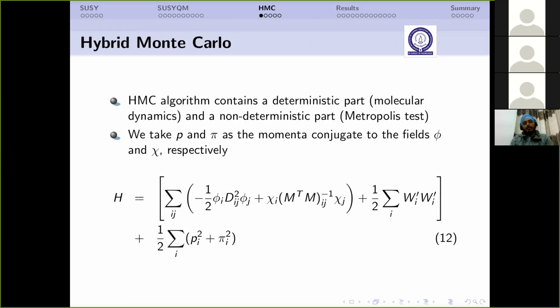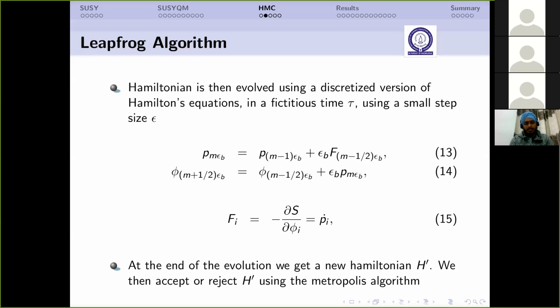For the evolution part, for conjugate phi and chi, we take the conjugate momenta p and pi, and our total Hamiltonian contains those momentum parts also. Then we evolve all the fields. I have just written some of the fields here.